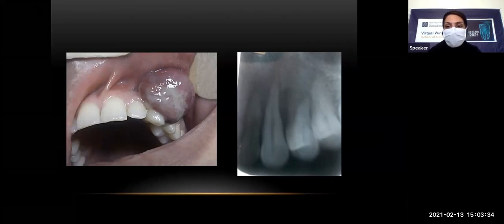And as you see on the right side, in the radiographic feature of this lesion in the same area, we can see a slight or mild radiolucent lesion in the interradicular area in the underlying bone.